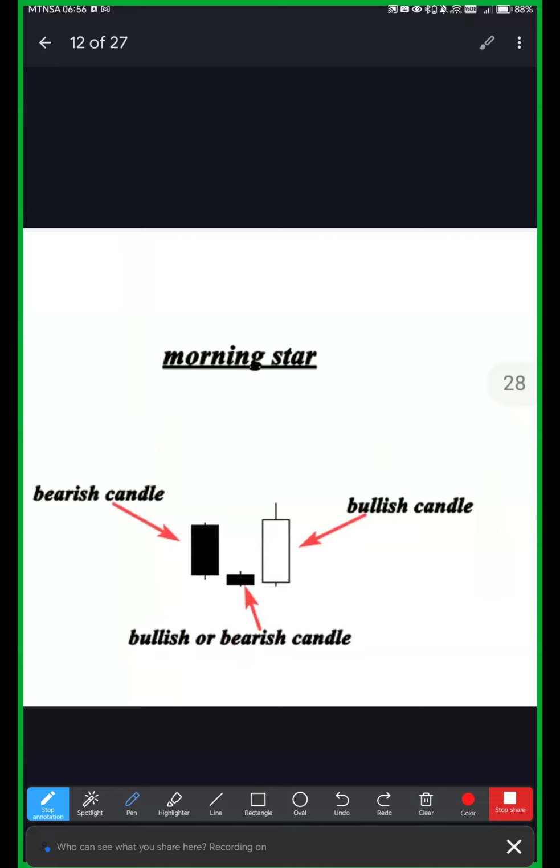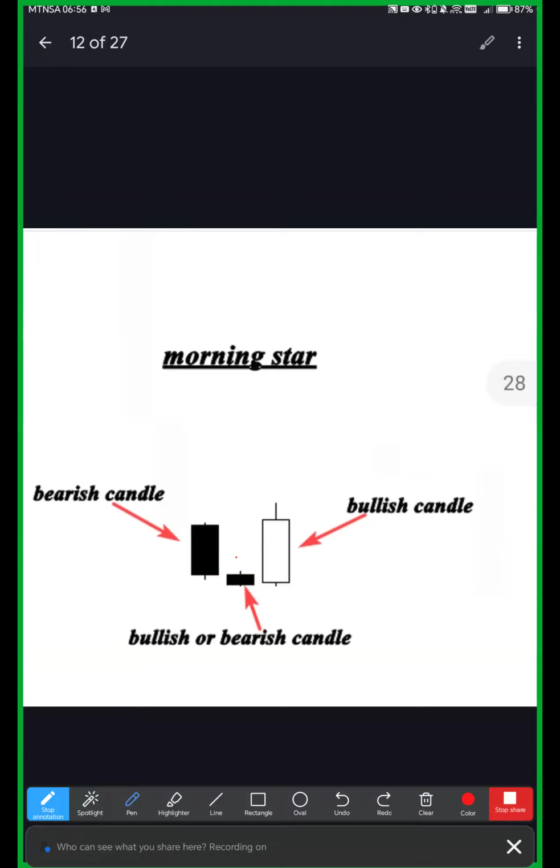Can you imagine the power or the strength that sellers came with when they were closing this session? If the same strength was applied in the next session, you could expect a candle to grow bigger like this, the market to continue to go down.